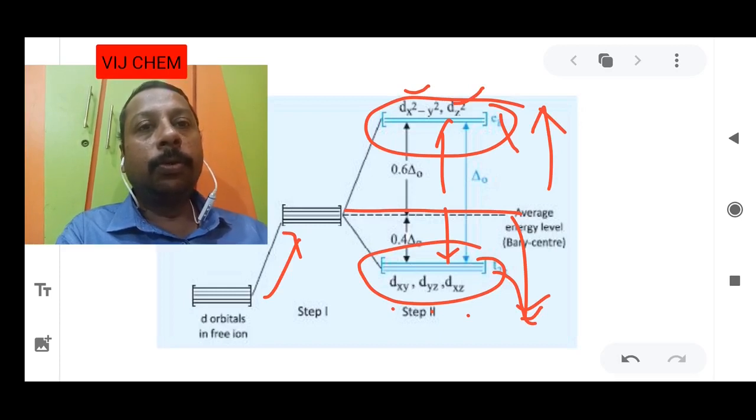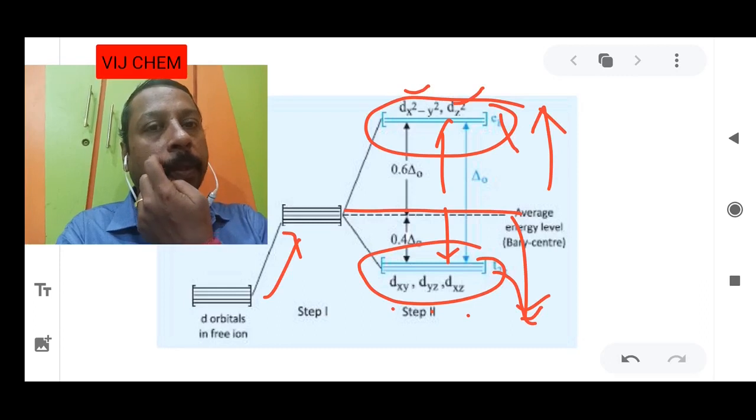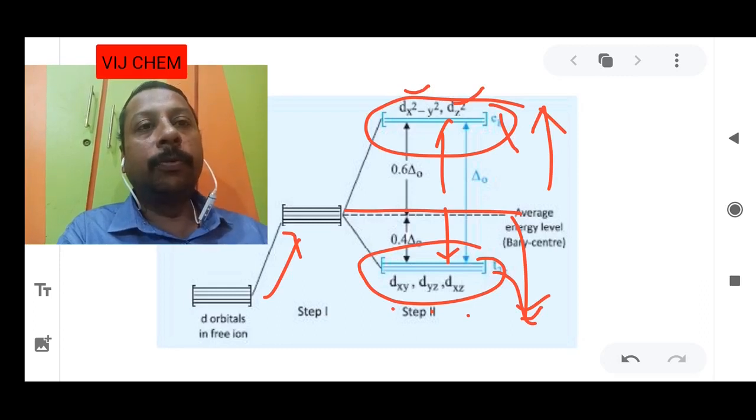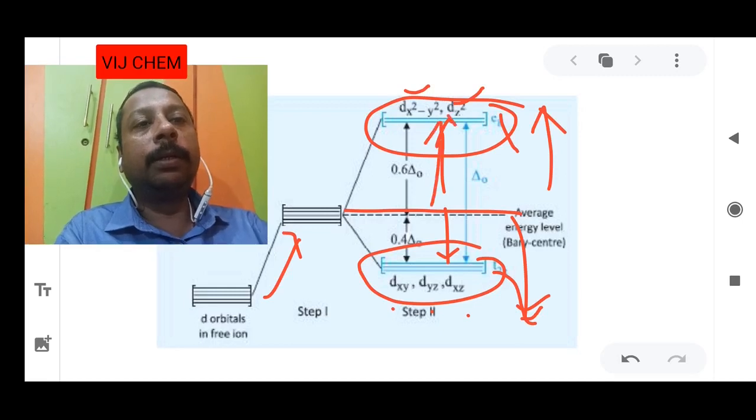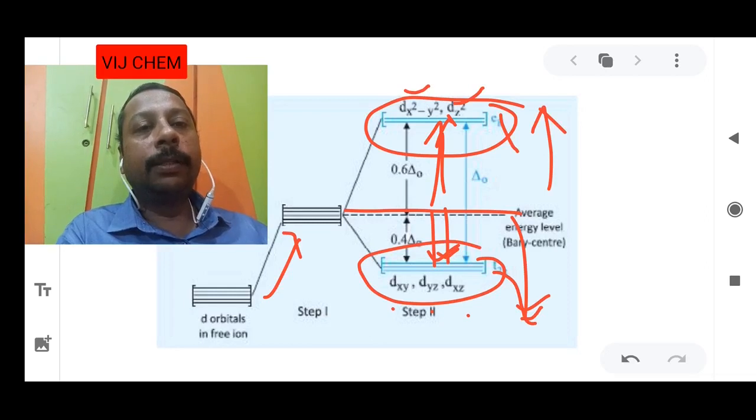Three orbitals are up, and 2 orbitals are down, so it is 3 by 5 and 2 by 5.